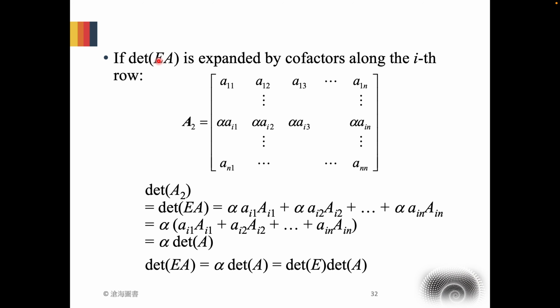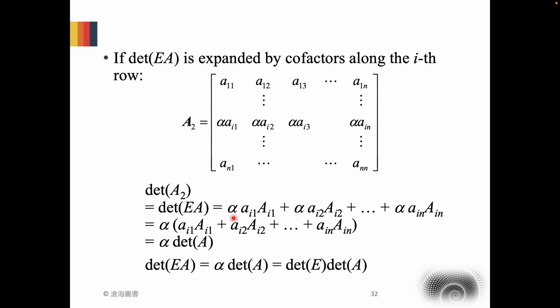We can check why. If we pre-multiply A by this E, we try to calculate the determinant of EA. The result of EA, which we call A2, would be like this, right? We multiply the ith row by alpha. So how can we calculate this determinant? We can do cofactor expansion along this row, right? So the determinant of EA is equal to alpha AI1 times capital AI1 plus alpha AI2 times capital AI2, and so on.